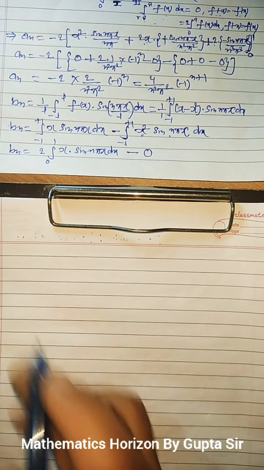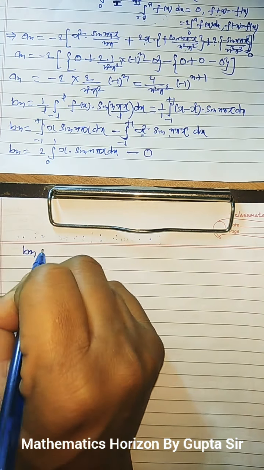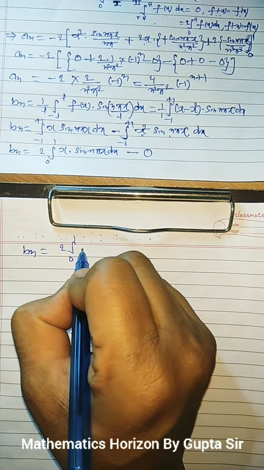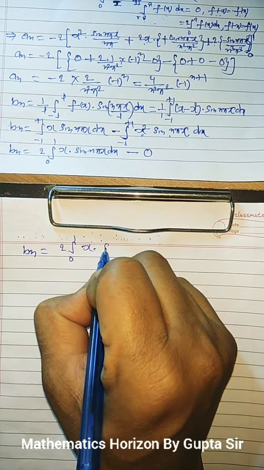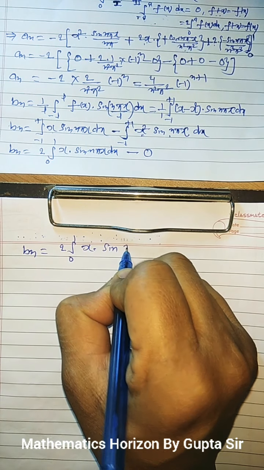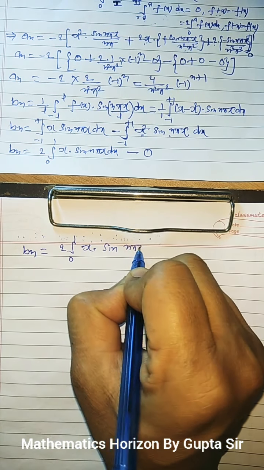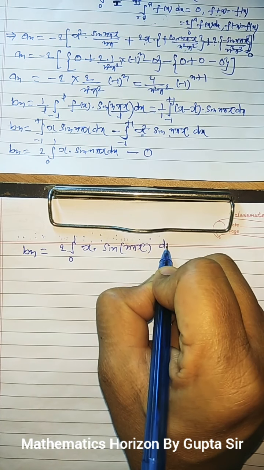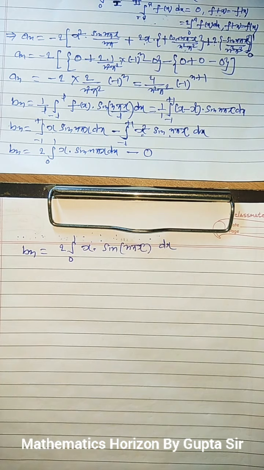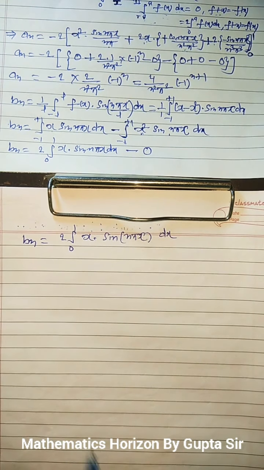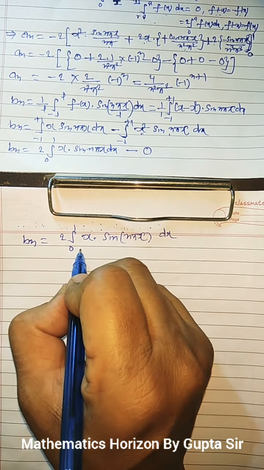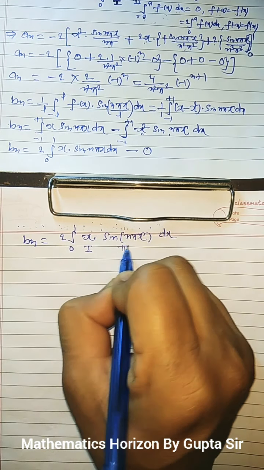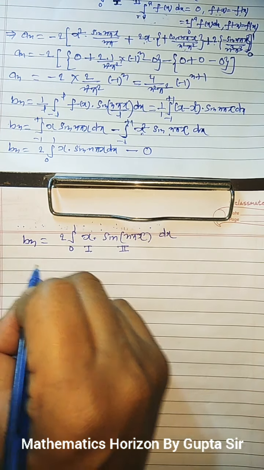Now, what we have? Bn equal to 2 times integral 0 to 1 x into sin n pi x dx. Now we have to integrate by parts, taking x as the first function and sin n pi x as the second function.